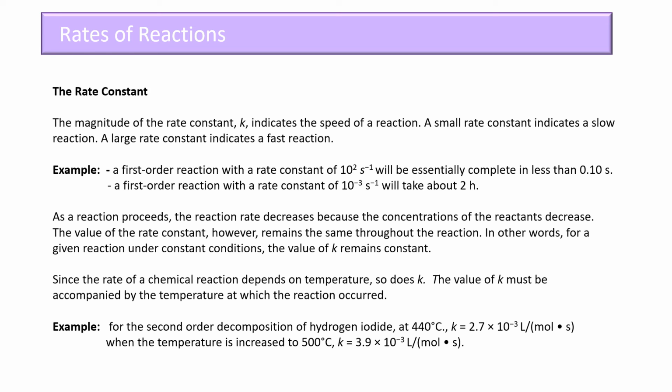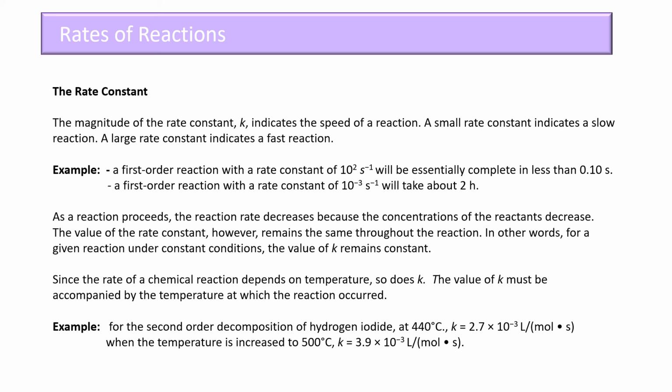A first order reaction with a rate constant of 10 to the exponent 2 s to the exponent negative 1 will essentially complete in less than 10 seconds. But a first order reaction with a rate constant of 10 to the exponent negative 3 s to the negative 1 will take approximately 2 hours.